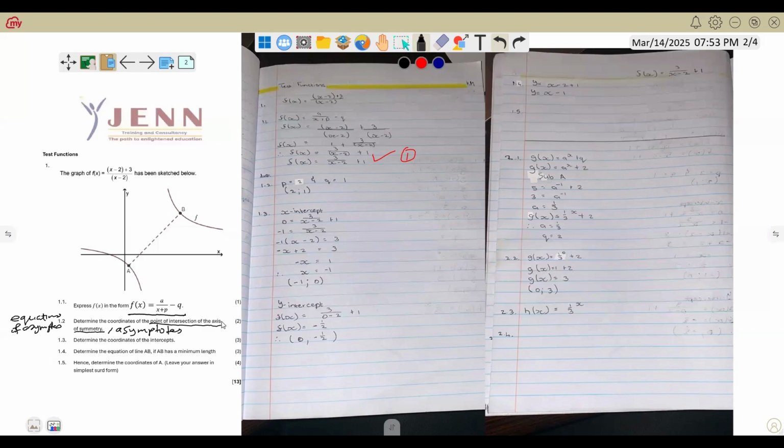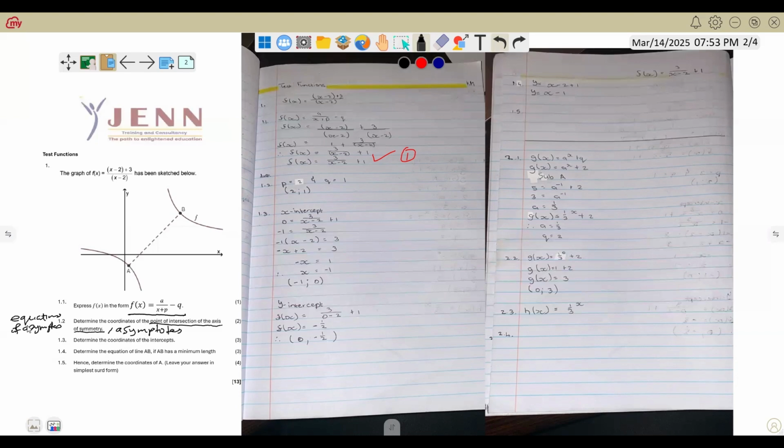Then if they ask you in terms of the coordinates of the point of intersection of the asymptotes, your final answer must be in coordinate form.